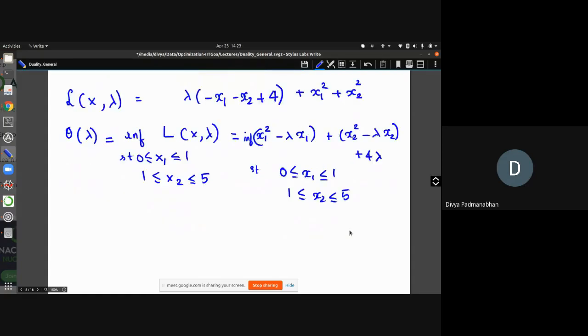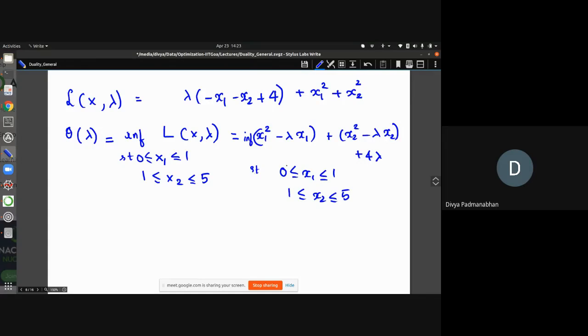If we try the same approach as yesterday, we only had x1 greater than or equal to 0 and x2 greater than or equal to 0. So we ignored those constraints and tried to find the unconstrained minimum.